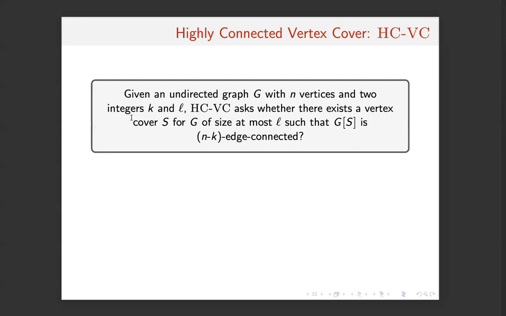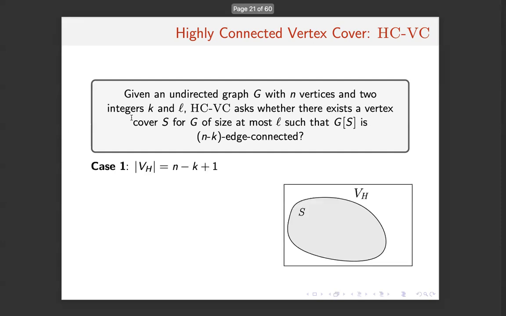So we will consider only those vertices which have degree at least N minus K. We will call that set of vertices VH. Now we will break our algorithm into two cases.